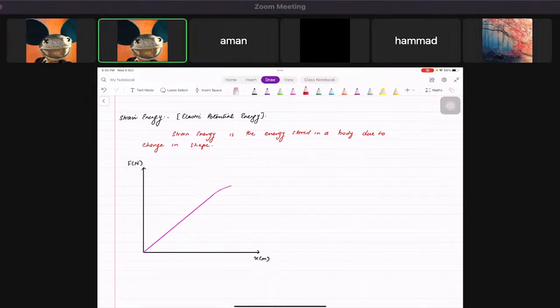So just underneath that is where we've got to find the elastic potential energy. Okay, underneath that triangle.